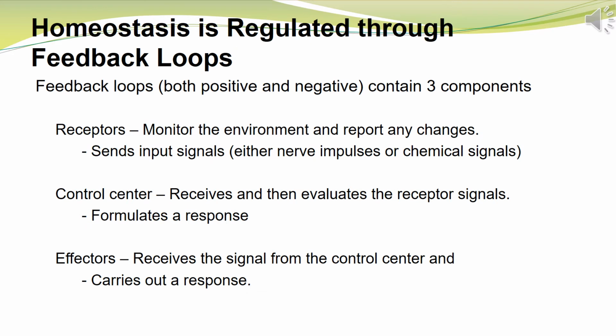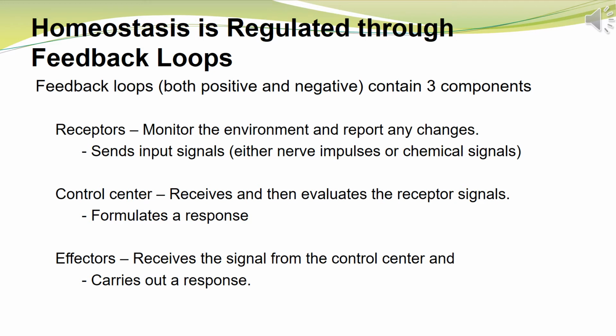We regulate homeostasis with feedback loops, and a feedback loop is just the means of receiving and responding to information, and these can be either positive or negative, and they come with three components.